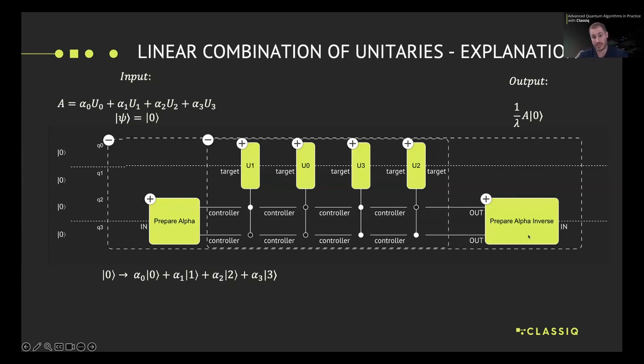Now, continuing the explanation, after we do the prepare alpha inverse, so it's just the inverse of the unitary we applied here, if we measure the component here to be in the 0 state, then we achieve what we want, the output of applying the non-unitary on the value of the initial psi. For this example, the initial psi was 0.